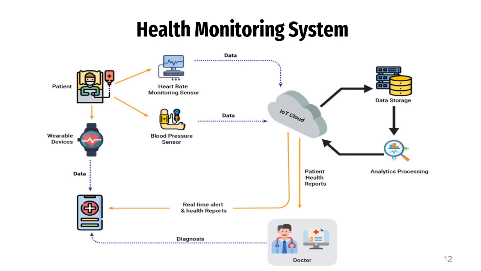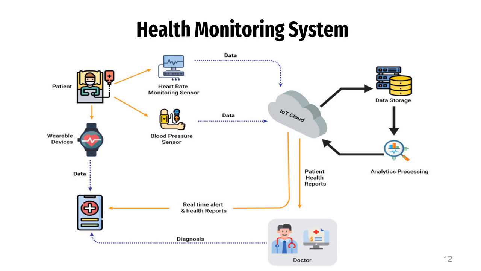And in the cloud we have data storage and analytic processing. Here the historical data are analyzed and categorized, and the analytical process, which includes a machine learning algorithm, runs at the backend. The algorithm detects any abnormalities in the state of the patient in terms of heart rate or blood pressure.